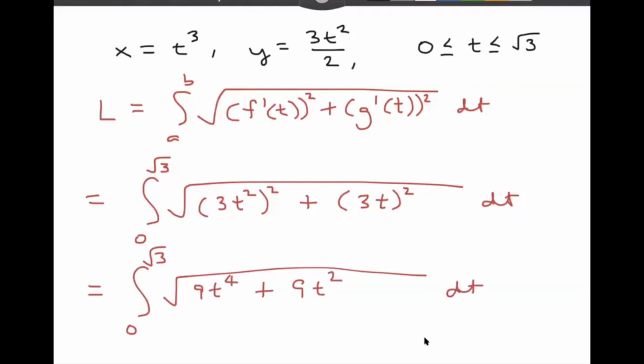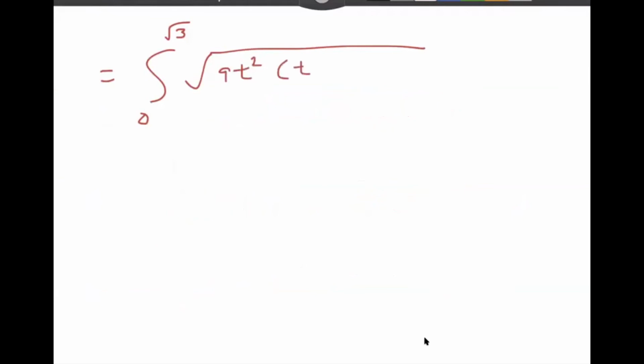Okay, now we're going to do a little bit of factoring. Let's see. So integral 0 to the square root of 3, we have the square root of 9t squared times t squared plus 1. All right, so now I can break up that radical.